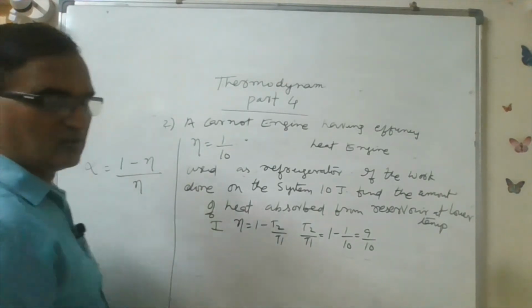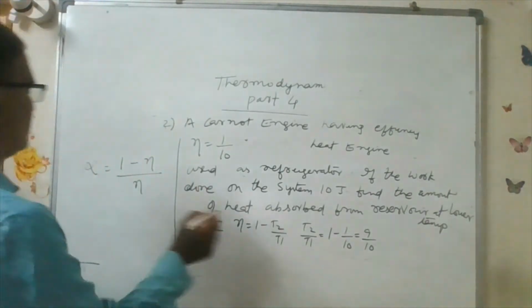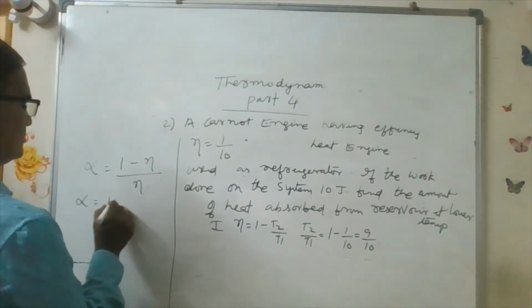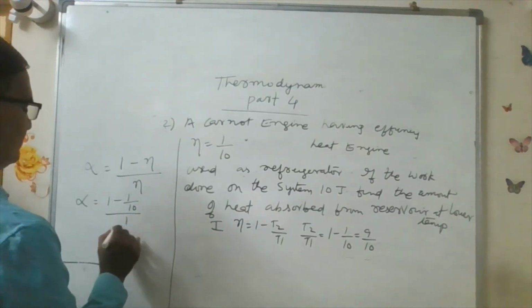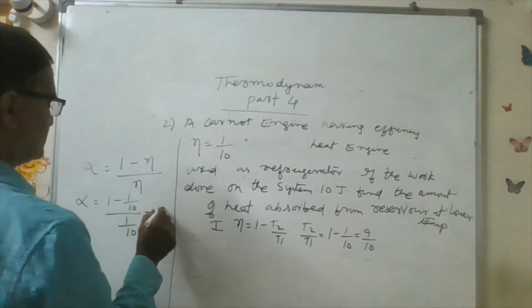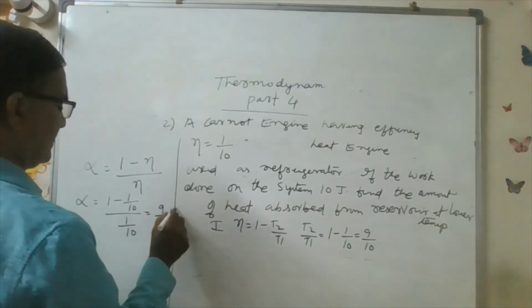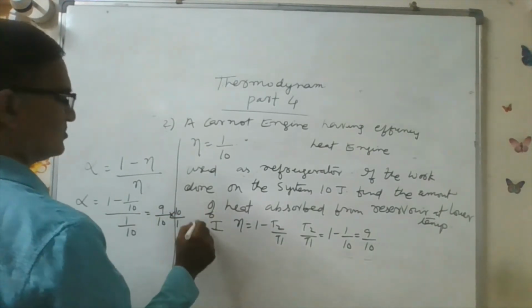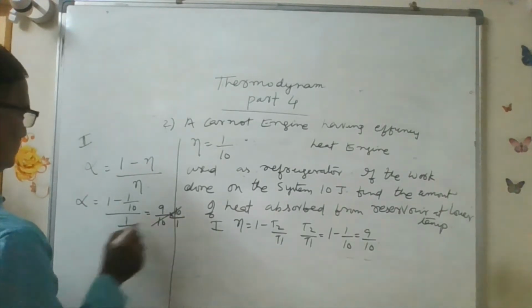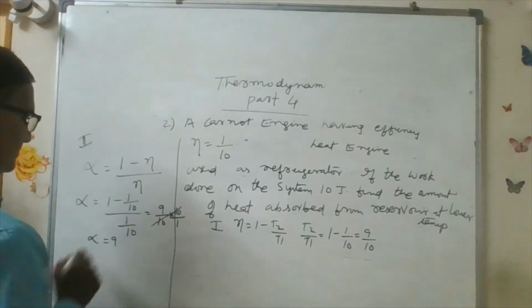We already derived this relation. So you substitute the efficiency here: alpha is equal to (1 minus 1 by 10) by (1 by 10). How much are you getting here? This is 9 by 10 into 10 by 1. Now alpha is equal to 9.